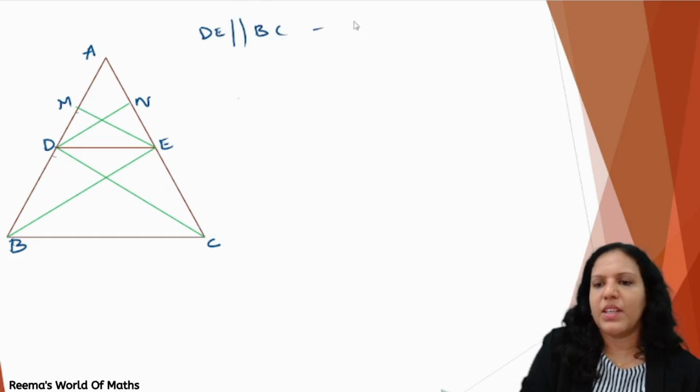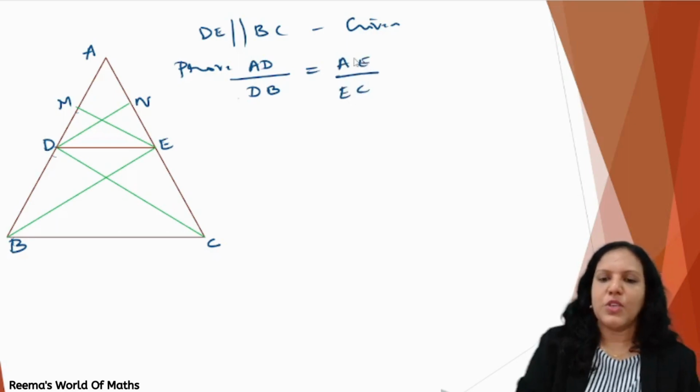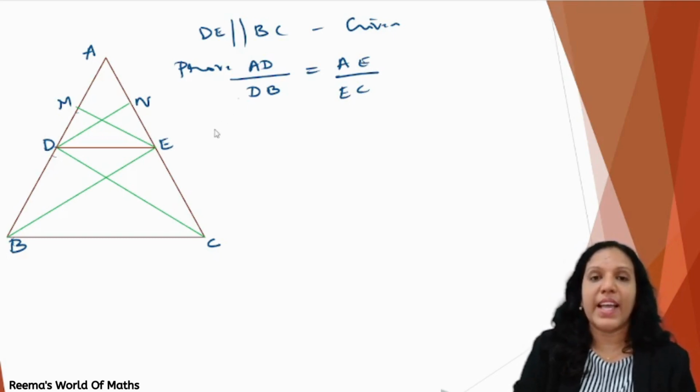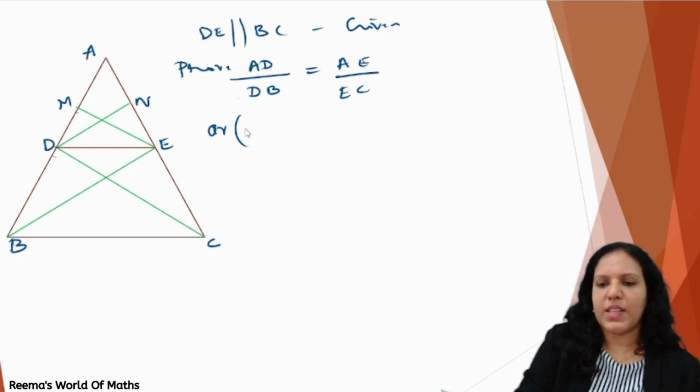We need to prove AD by DB is equal to AE by EC. For this, let's consider the area of a few triangles which we can see in this figure. First let's take the triangle ADE, and write the area of triangle ADE.